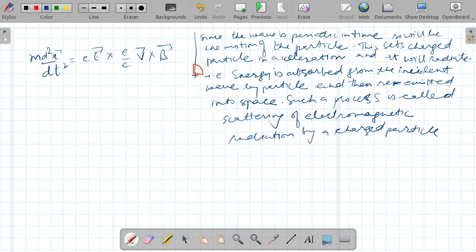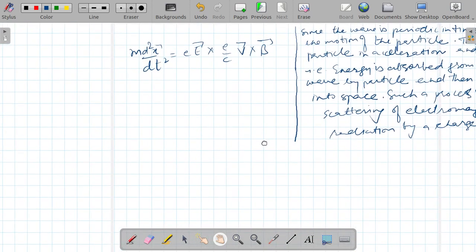So this is how we will define this phenomenon in terms of words. So let us discuss this mathematically.